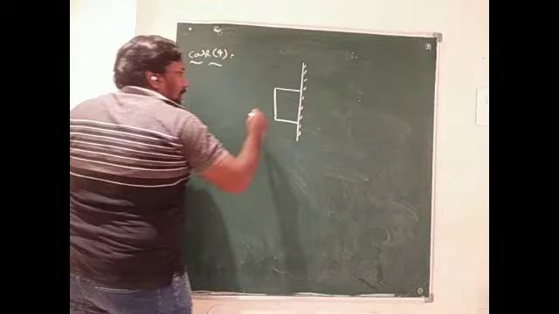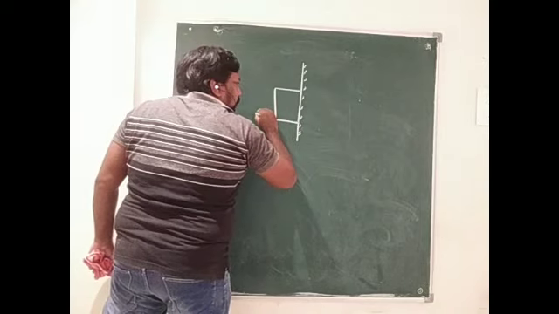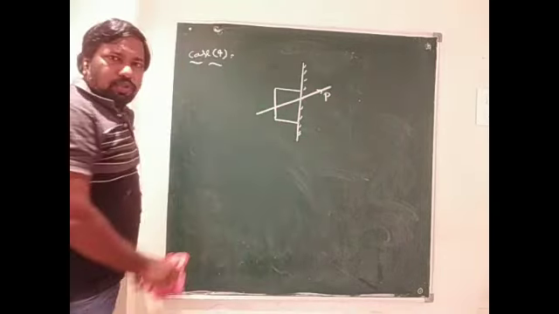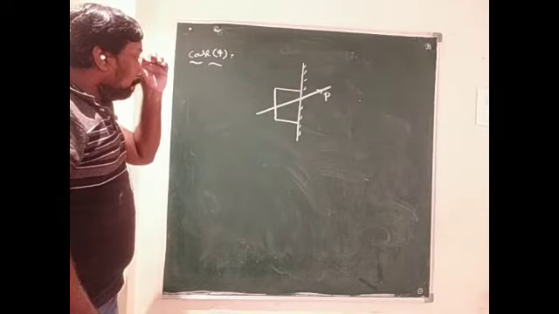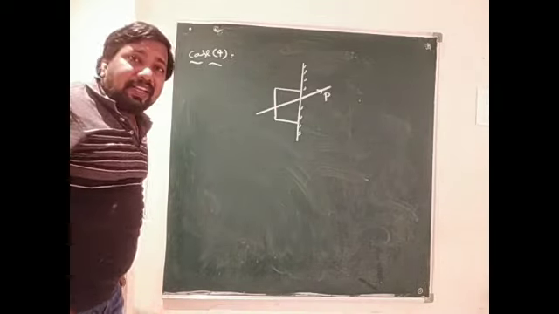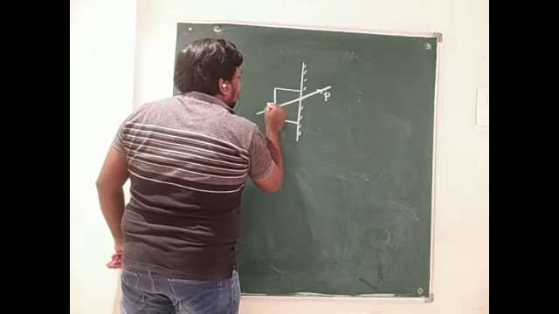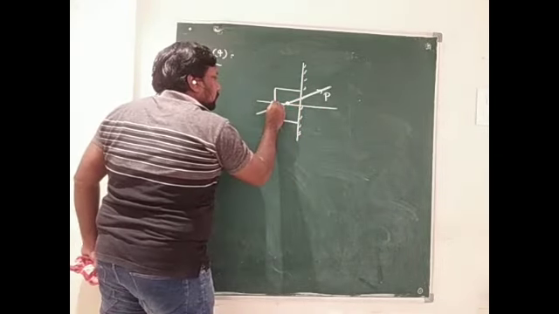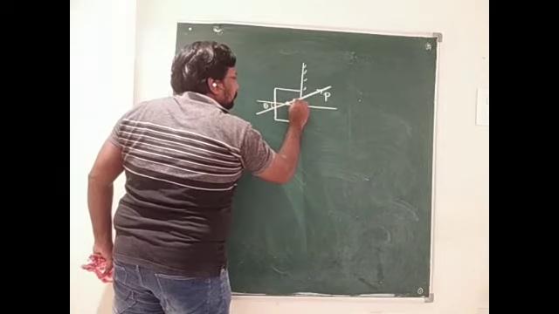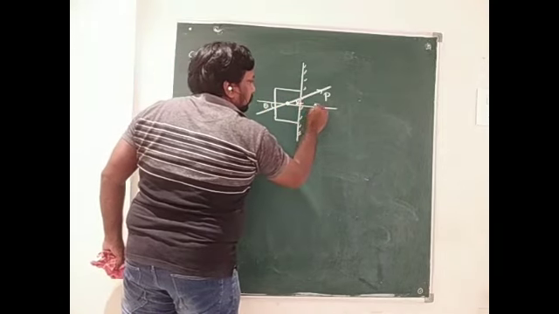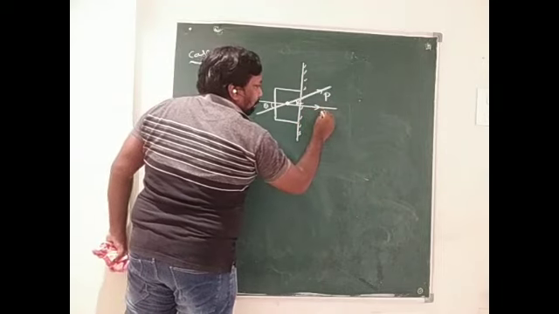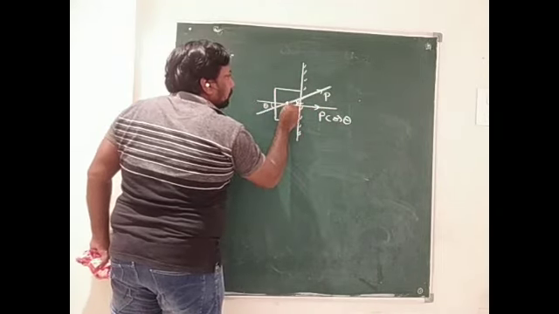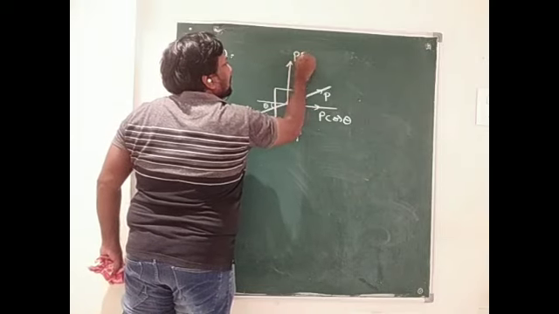Now a pushing force P acts on the block, making an angle theta with the horizontal. So in this way the same angle is produced. Therefore here P is resolved into two components, P cos theta and P sin theta.